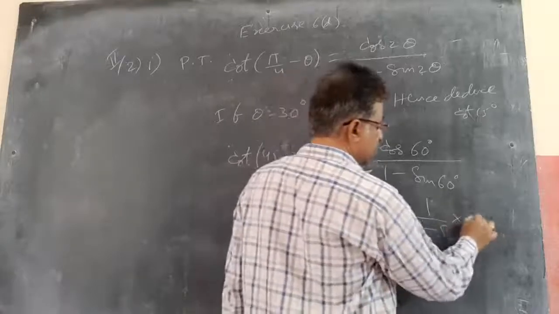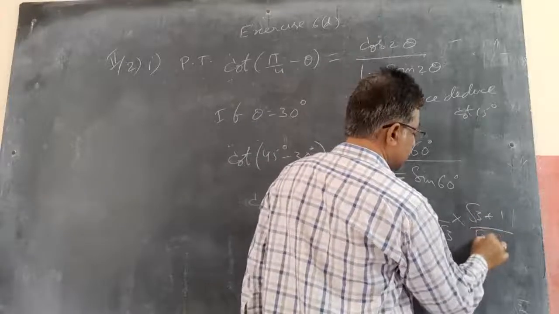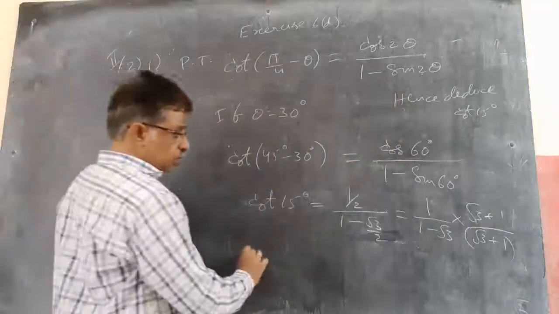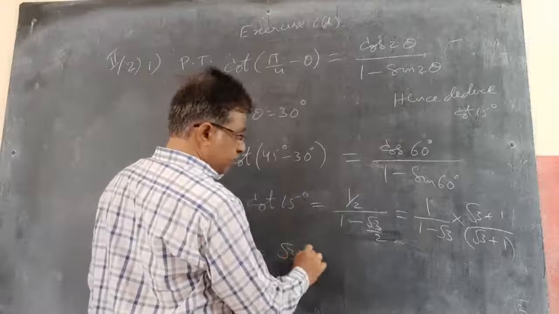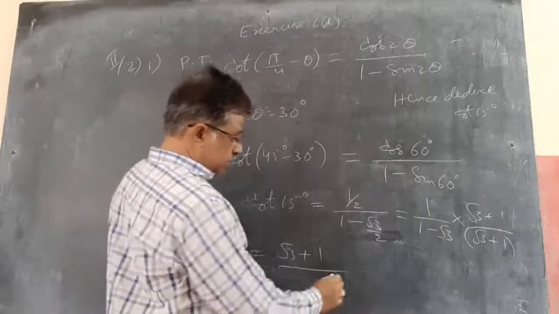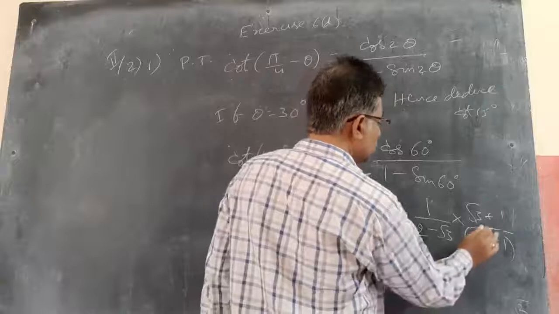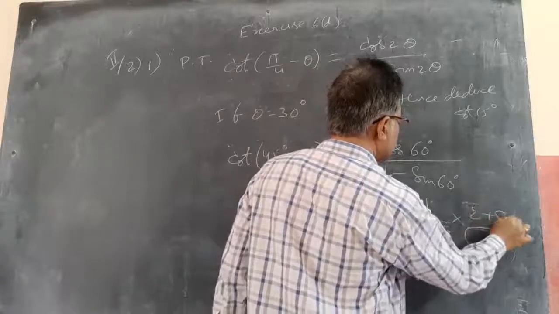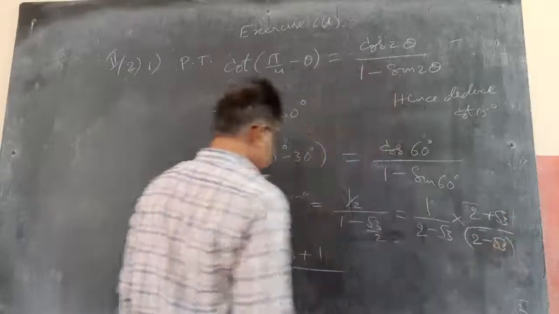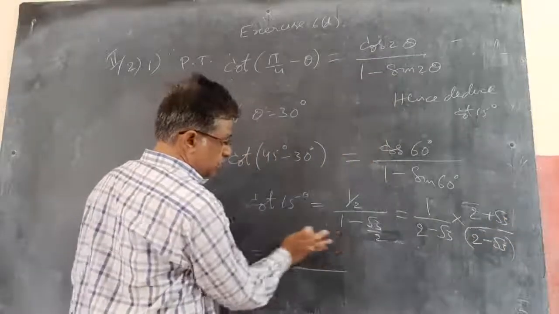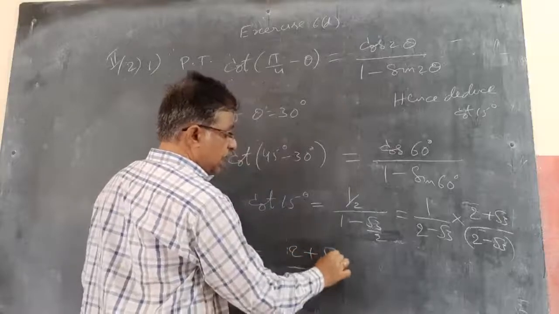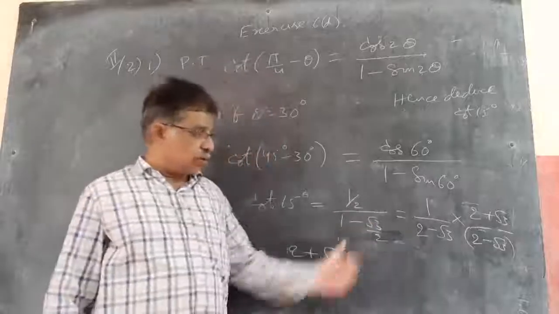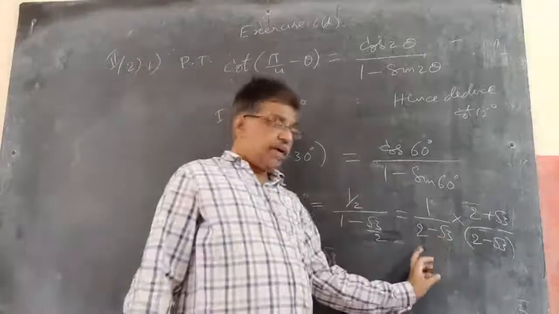If I take LCM, the denominator becomes (2 minus root 3) by 2, so that 2 cancels, and it is 1 by 2 minus root 3.